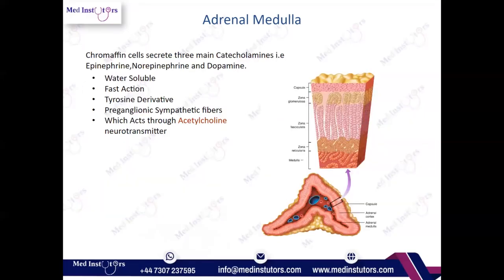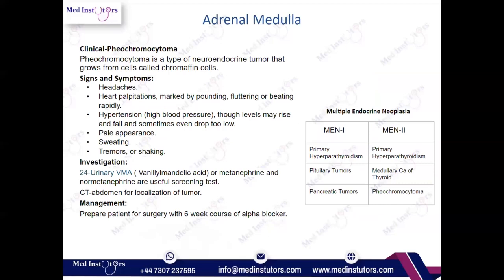Okay, since we have discussed the normal structure, steroidogenesis, and the different parts and hormones of the adrenal cortex and medulla, now let's talk about some endocrinopathies. The important endocrinopathy from the adrenal medulla, which is important for your exam, is pheochromocytoma. It is a neuroendocrine tumor that grows from the cells called chromaffin cells.